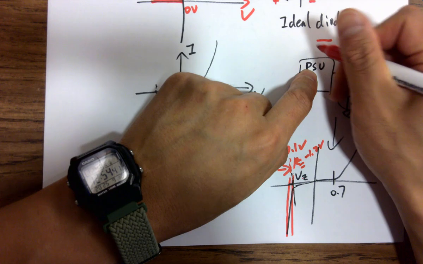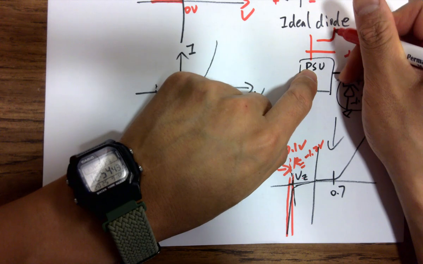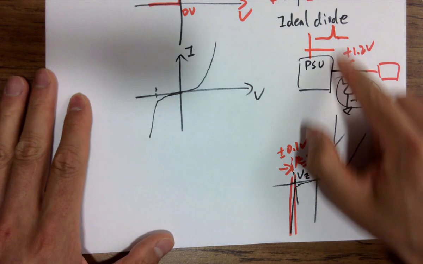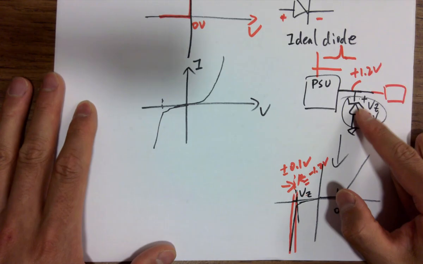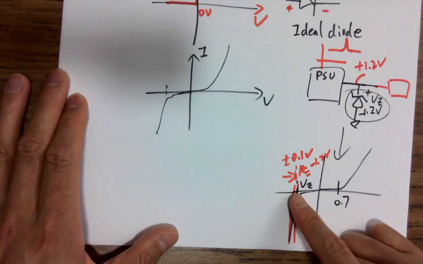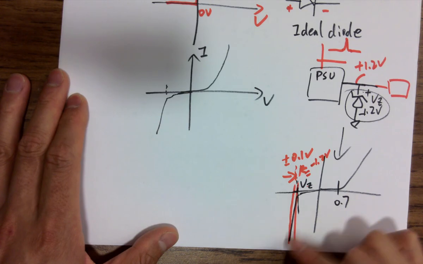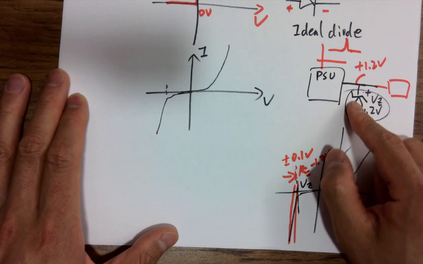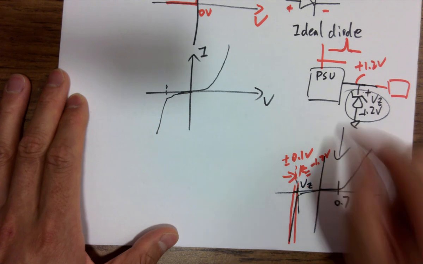It should be 1.2 volts, but there's a surge. This one will cancel out that surge by running a lot of current through it, dumping that excess current to ground to pull this down to the original 1.2 volts. That's how that works.